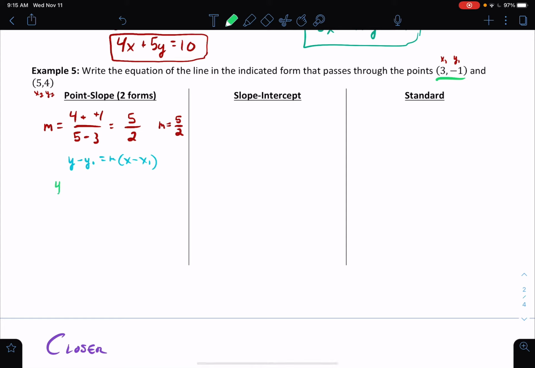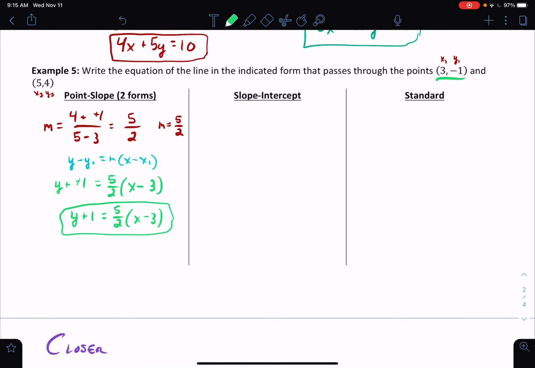So we have y minus the y coordinate, which is -1, equals my slope times x minus the x coordinate, which is 3. Minus a negative is plus a positive. So this is going to be y plus 1 equals 5 halves times x minus 3. Here is the first form using the first point.